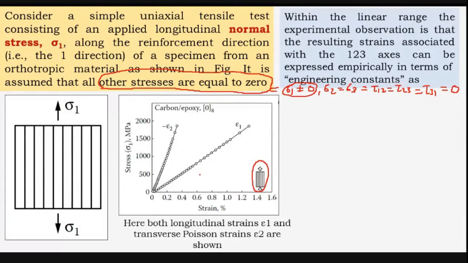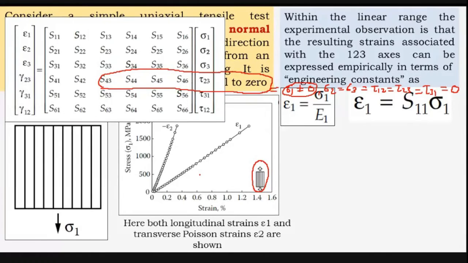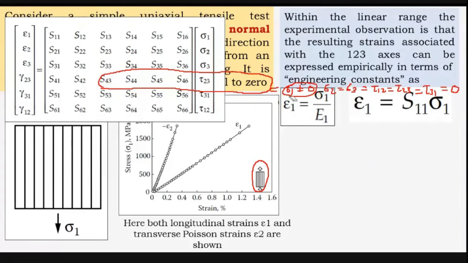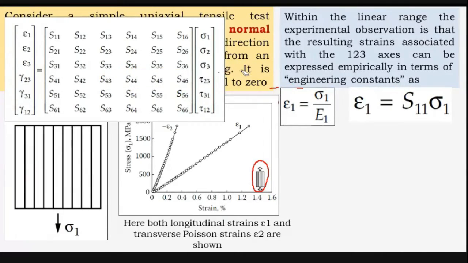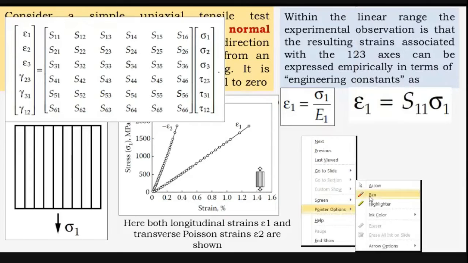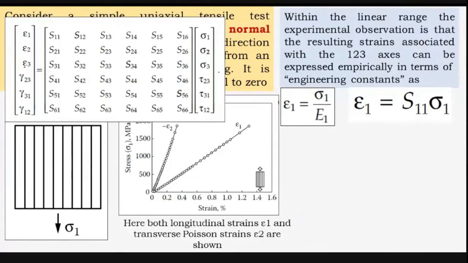Okay, now after doing this, what equations will we get? Now this equation you know, right?